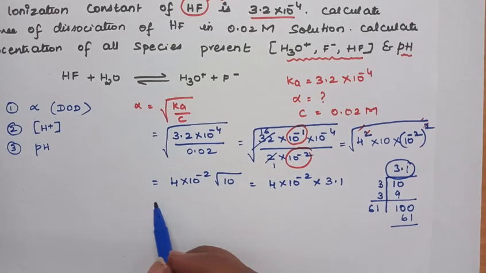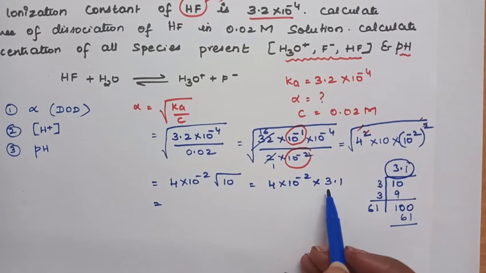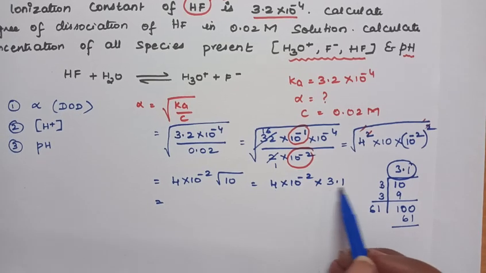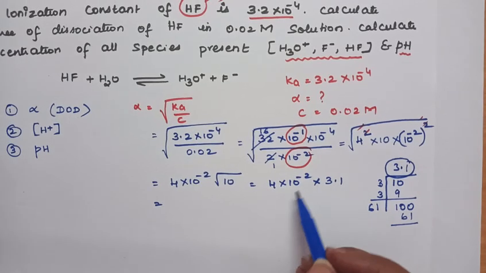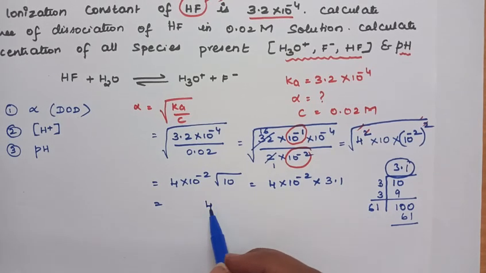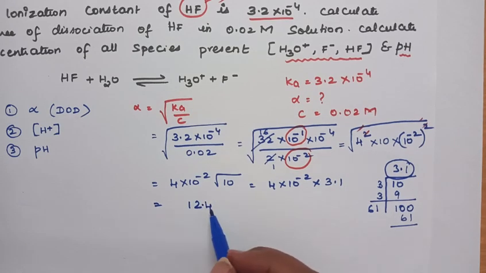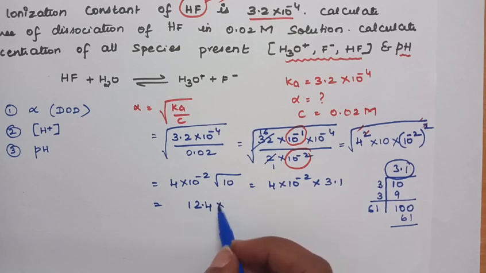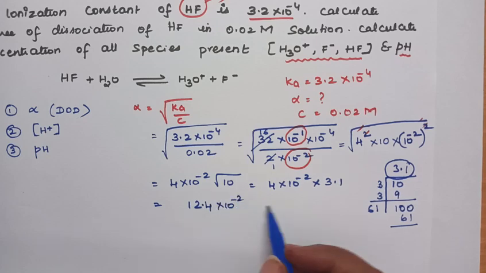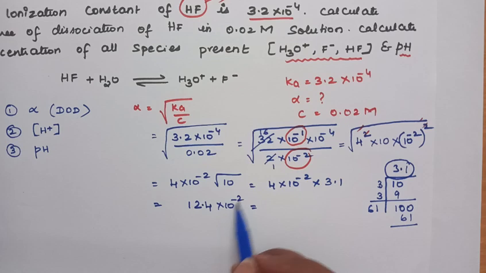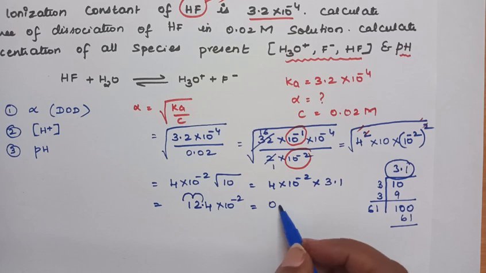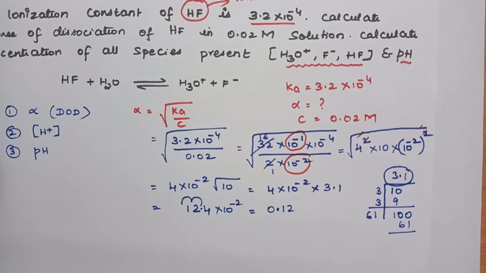So 3.1. Simplify it further. Multiply 4 into 3.1. How much will it be? 4 1s are 4, 4 3s are 12. So after the point there is one digit. So after one digit keep the point, into 10 to the power of minus 2. Move this decimal point 2 digits, so it will be 0.12.